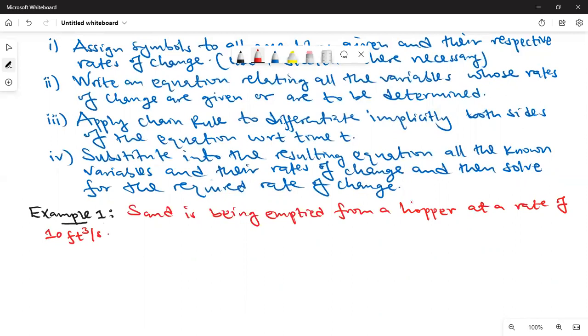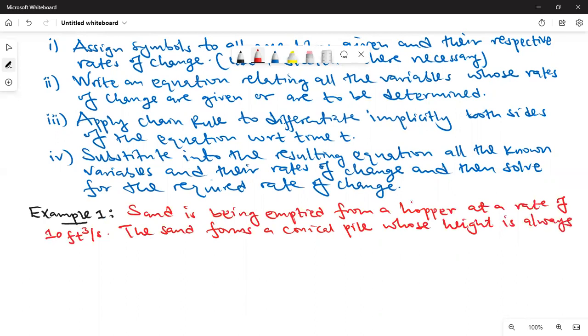The sand forms a conical pile whose height is always twice its radius.